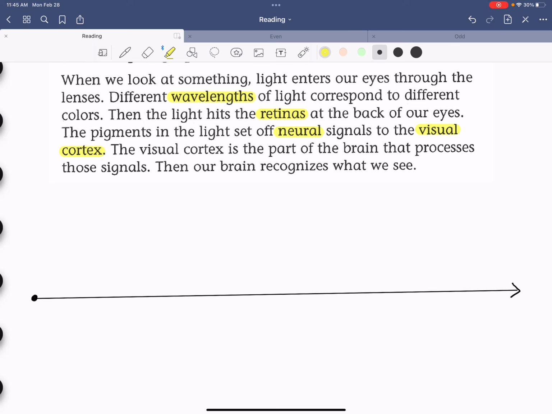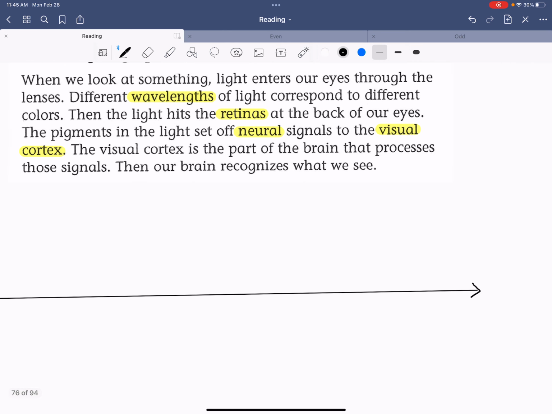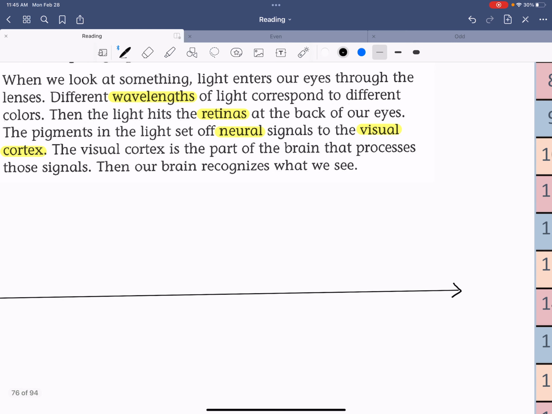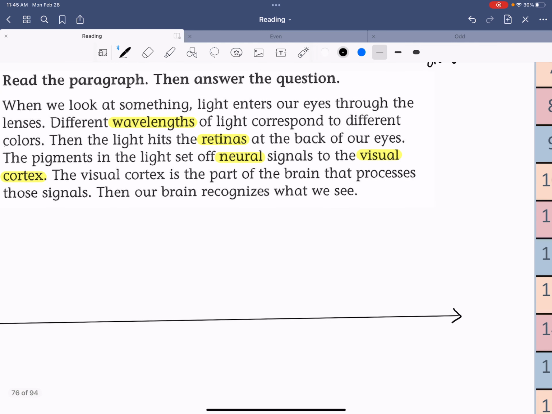So let's take a minute and figure out what these words mean, because this is that science vocabulary. It is academic vocabulary. So let's start with wavelength. Now this one you can figure out if you know about compound words.